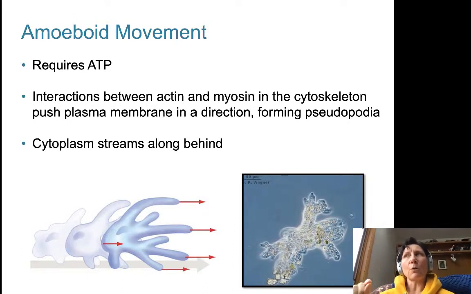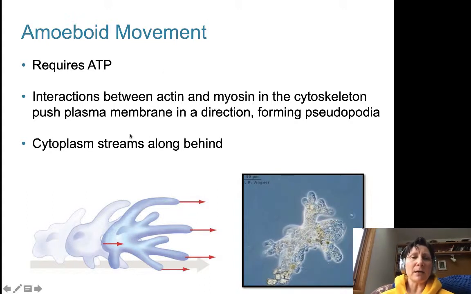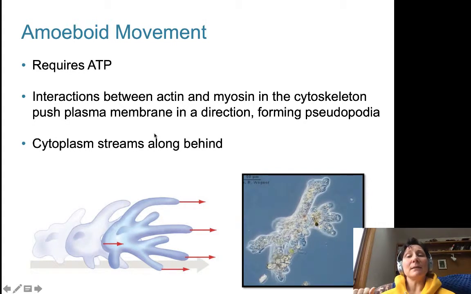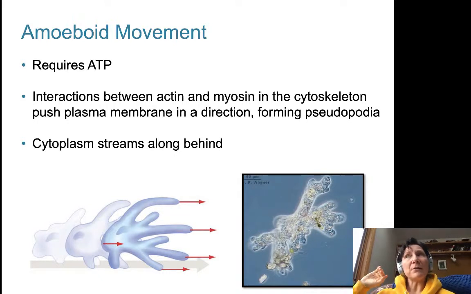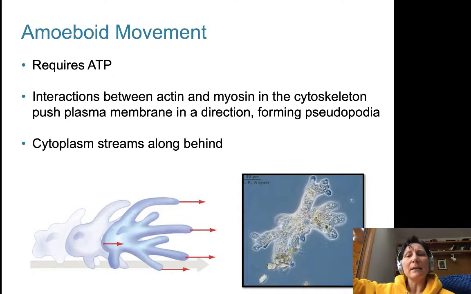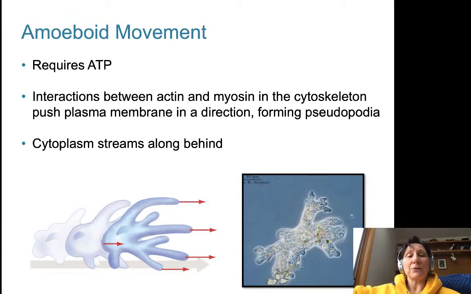We're not going to go into the gory details of how that movement is effected, but you can summarize it by saying that they do have actin and myosin filaments in their cytoskeleton, and the interactions between those basically push the plasma membrane, the edge of their pseudopodia, in some particular direction, and then it'll form these finger-like pseudopodia projections, right?